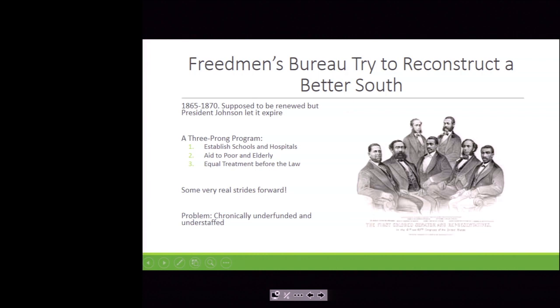So another group of people, the Freedmen's Bureau, have a separate goal for Reconstruction. The Freedmen's Bureau is a federal program, if you will, a federal department working at the state level. We just talked about politicians trying to reconstruct the country at the national level.